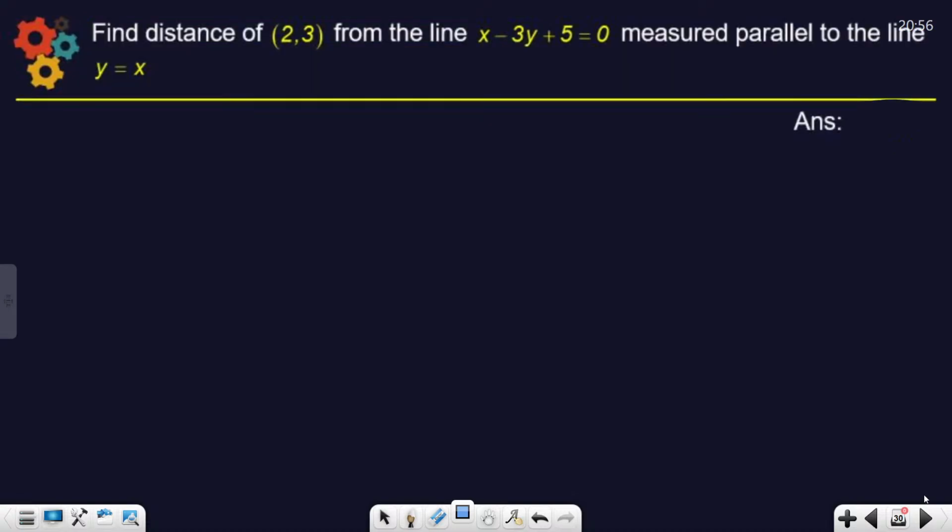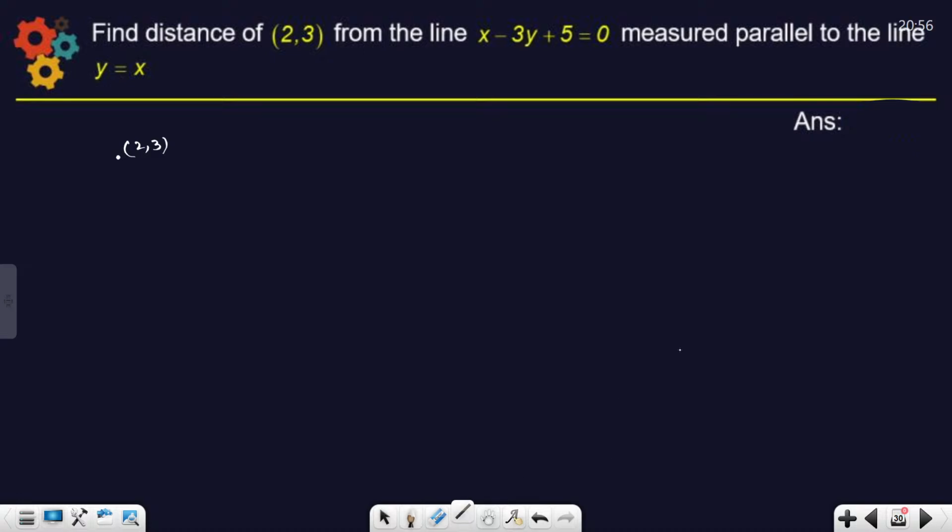See this question. The question is, find the distance of point 2, 3. There is a point 2, 3. Now we have been said to find out the distance of this point from a line.